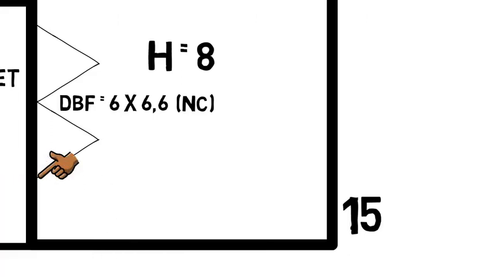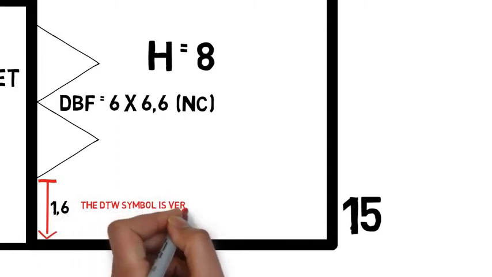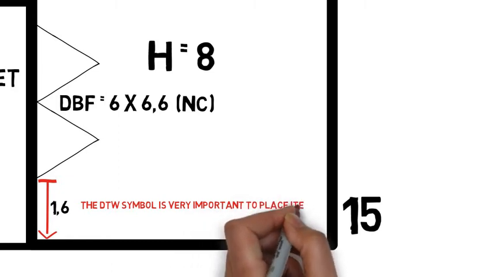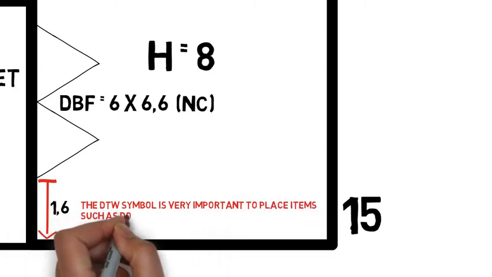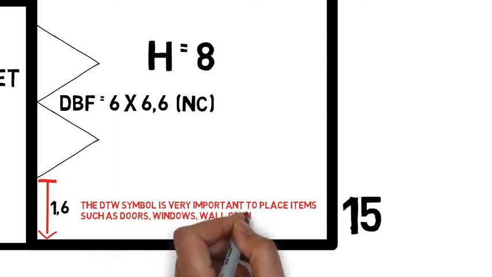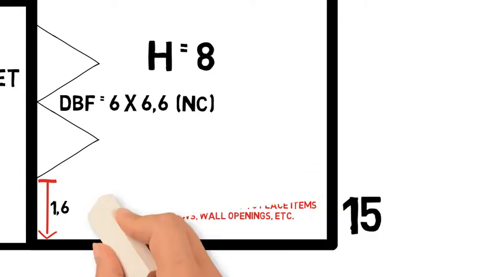From here all the way to the wall here, place the DTW symbol between the door and the wall, and we put the distance near the symbol. The DTW here is 1 foot and 6 inches from the double bifold door to the wall. We can't emphasize enough how important the DTW symbol is to place doors, windows, wall openings, etc.